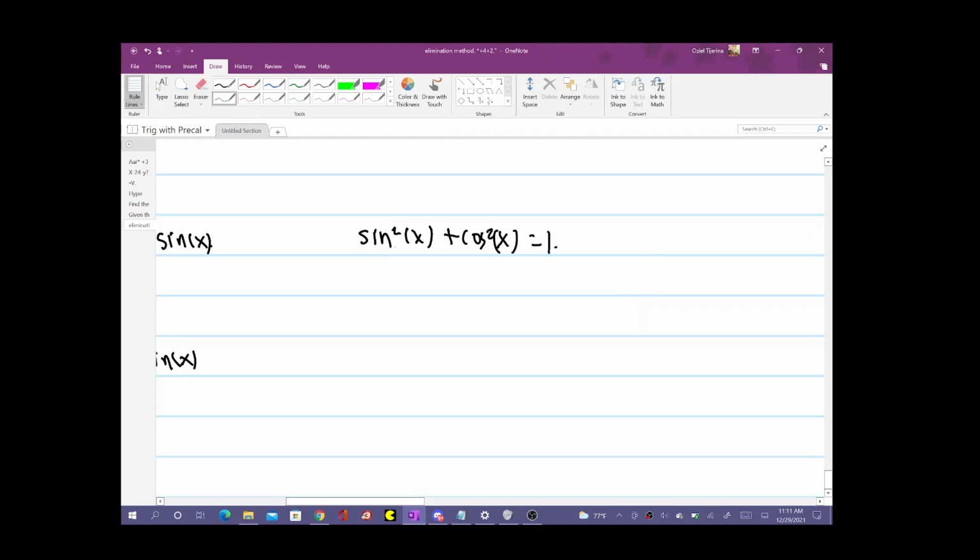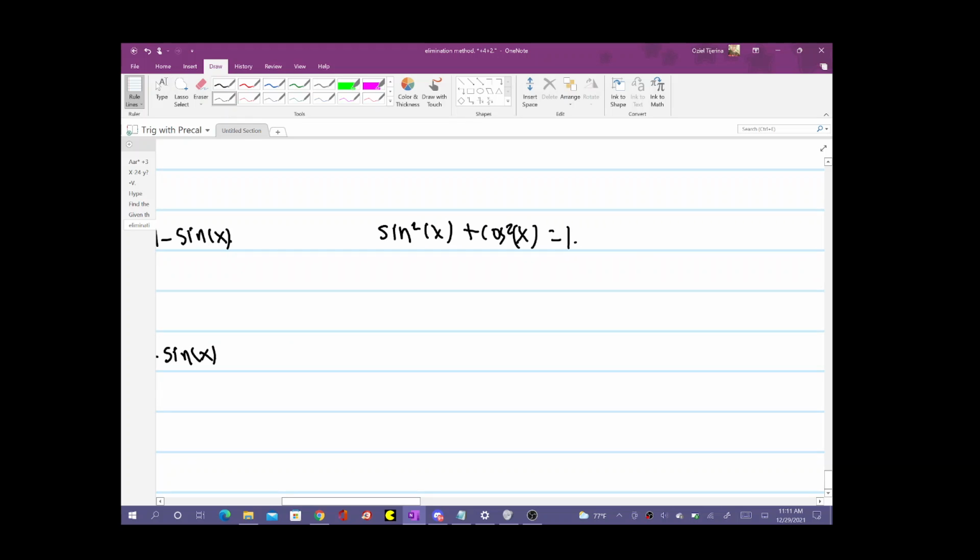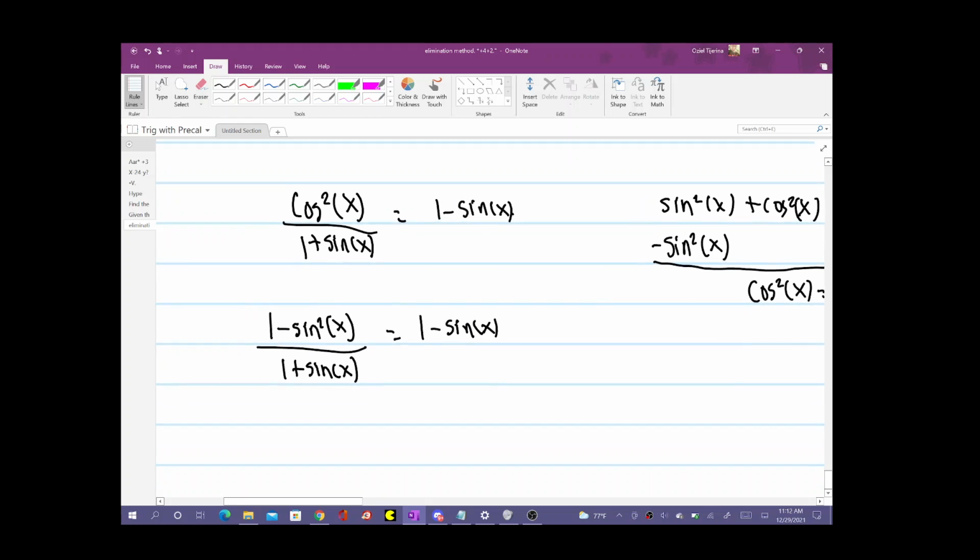So basically, cosine squared of x, and sorry for my handwriting, guys. I think it's because I wasn't zoomed in. Cosine squared of x equals 1 minus sine squared of x.